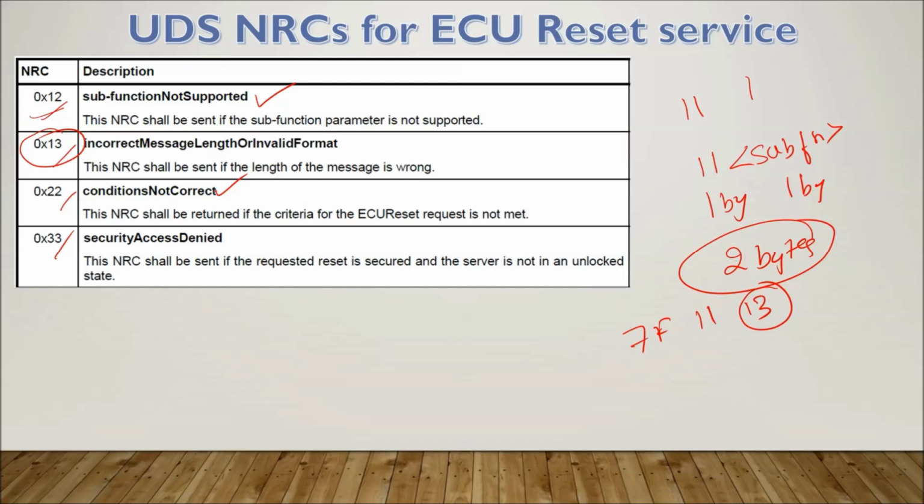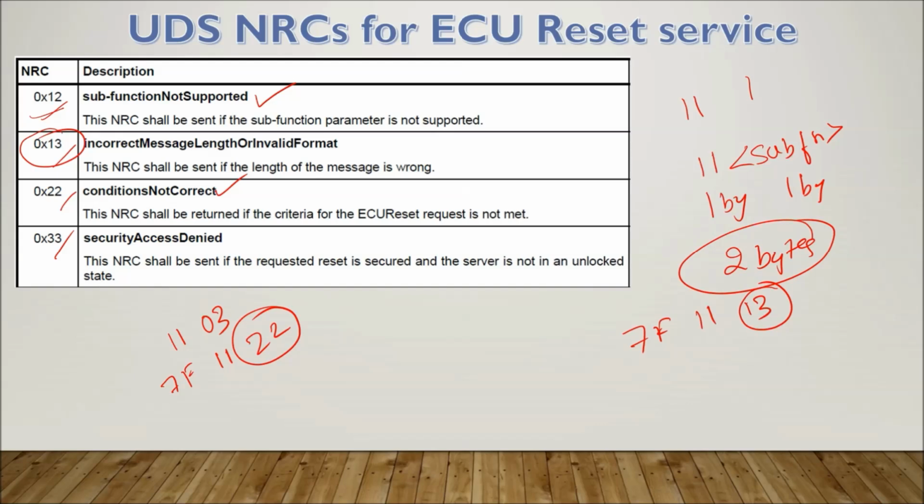Then what happens is, if you request service 11, let's say 03, in the default diagnostic session, then you would get 7F 11 22. The conditions are not correct. What is the condition? The extended diagnostic session is required, but you are not requesting it. It can be any condition not correct. If a specific subfunction or specific NRC is not available for that condition, then this 22 will be sent.